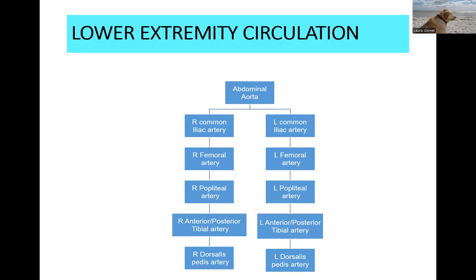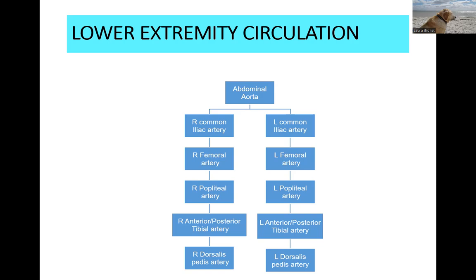And that common iliac artery is actually going to divide into an internal and external iliac artery. The internal ones supply a lot of the organs in the lower part of the pelvic cavity, but we're not so concerned with that. But the major one is going to continue as the femoral arteries, thus named because they parallel the femur.